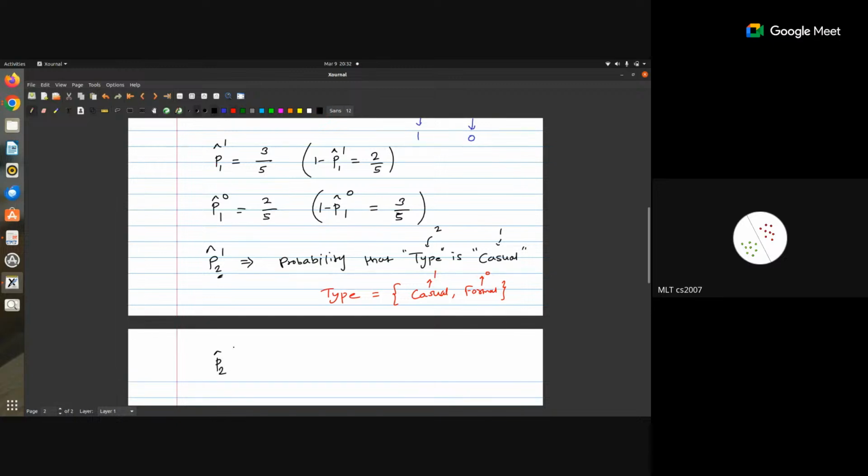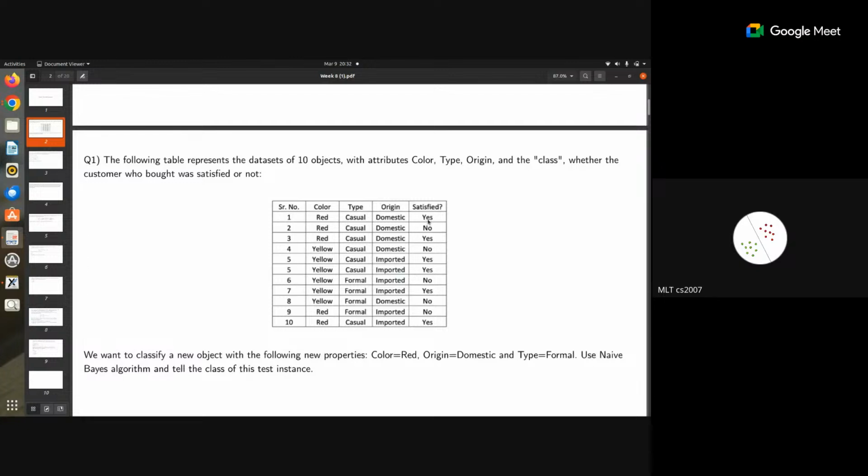So P2 hat 1 is, whenever the label is yes, how many casuals are there? That is 4 by 5: 1, 2, 3, and 4.